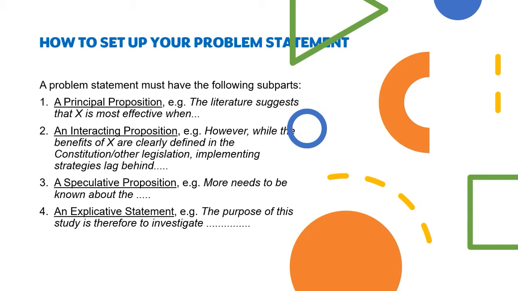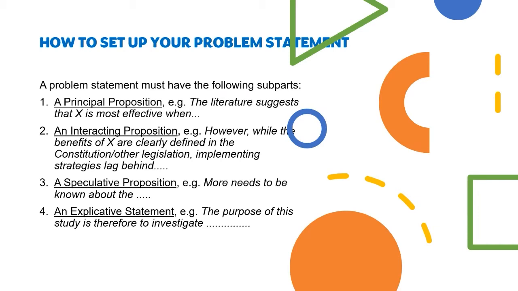What is the problem? Then I've got a speculative proposition that says, because we know that this needs to happen, but it's not happening, we need to understand more about it. And then I get to my problem statement, which is your explicative statement. Therefore, the purpose of my study is to investigate.